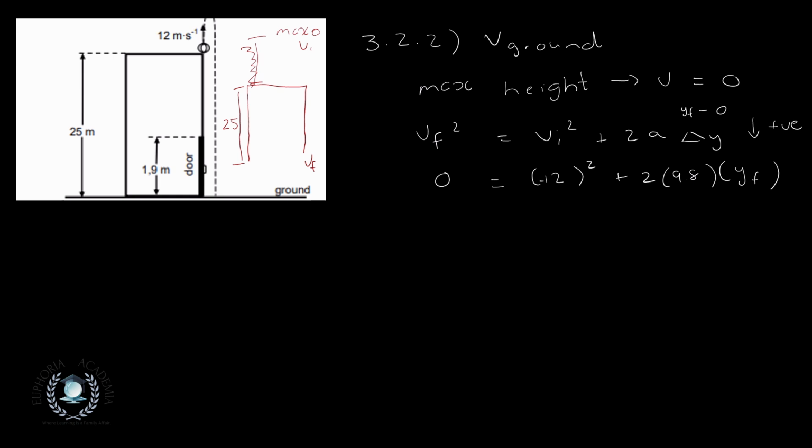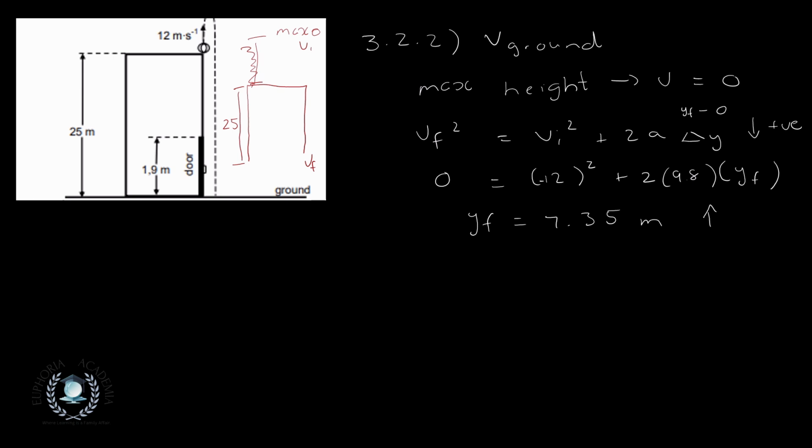Alright, now after doing some maths, we find that our yf is actually equal to 7.35 meters. Alright, and this 7.35 meters is actually up, right? So in terms of displacement, this would be negative, but in terms of magnitudes, it's just that.